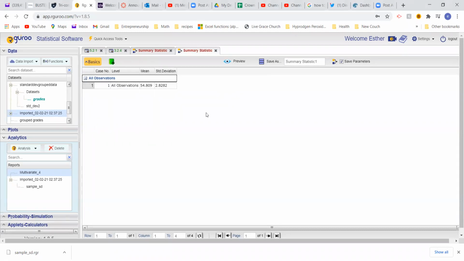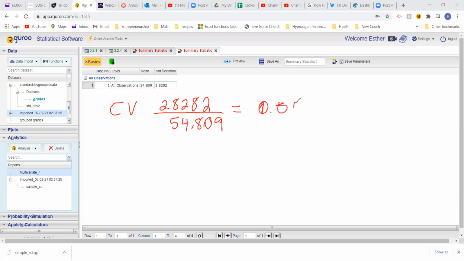So the coefficient of variation is 2.8282 to 54.809. And that's 0.0516 or 5.2%. So B would have the lower amount of variation as compared to its mean.